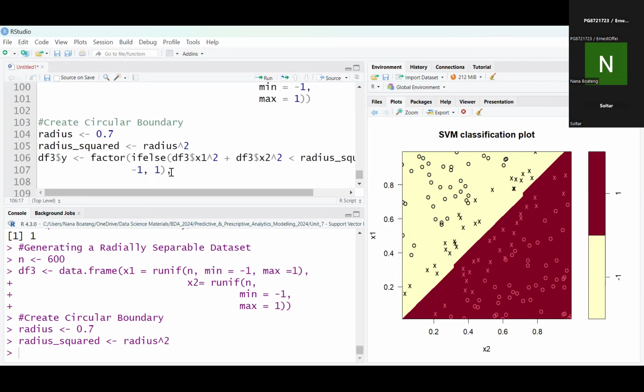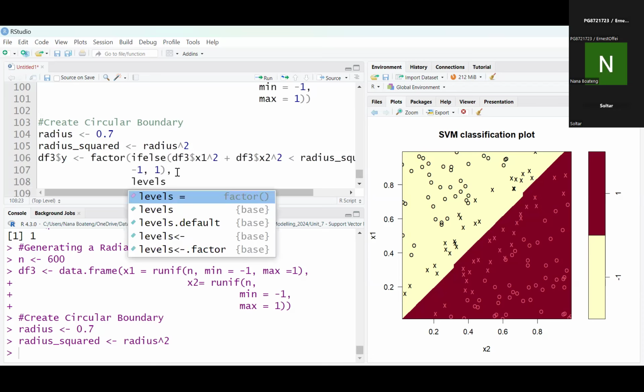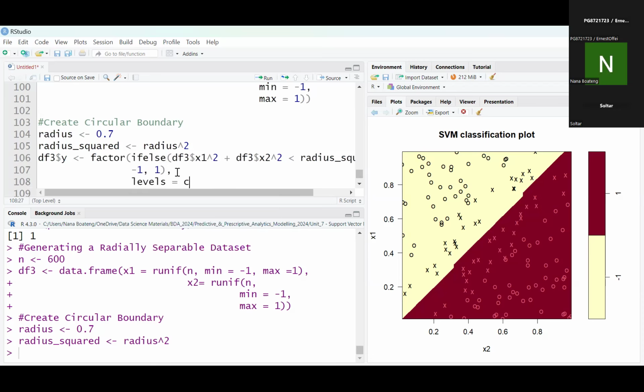Once we are doing this in a factor, let's specify the levels of the factor. So here we have negative 1 and 1. Let's close the bracket.